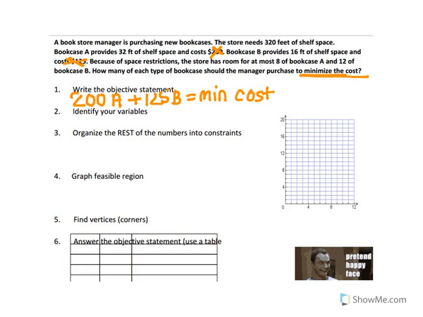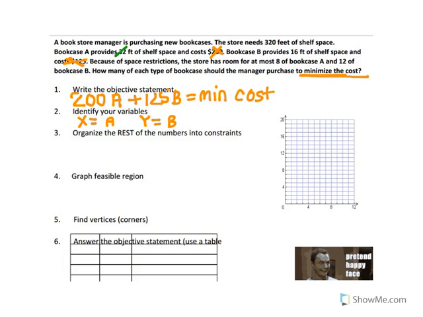I need to identify my variables for graphing. So I'm going to call X bookcase A, and I'm going to call Y bookcase B. I'm going to organize everything around X and Y now. I notice that the store needs at least 320 square feet of space.